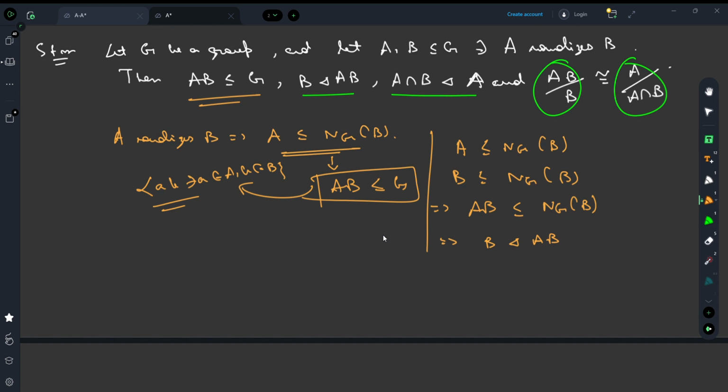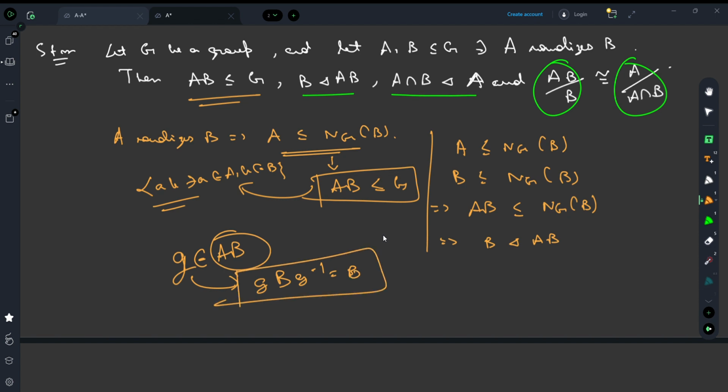That is, whatever element g you choose out of AB, it will fix the set B under conjugation, because AB is contained in the normalizer of B in G. So B must be normal in AB, right? That's quite obvious. But if B is normal in AB, then what I just said, that AB mod B is well defined, right?